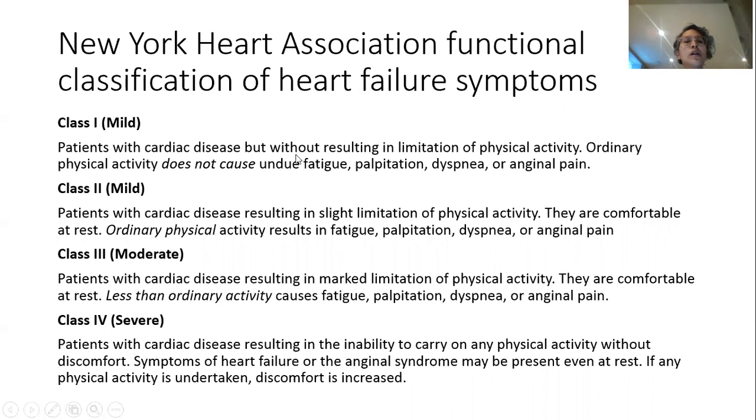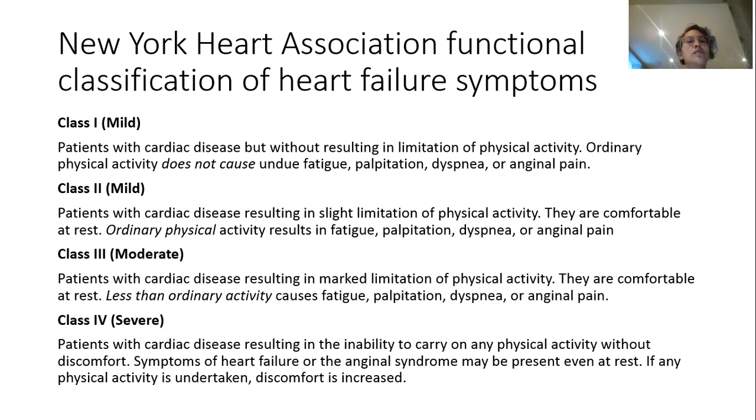So the New York Heart Association has a functional classification for heart failure symptoms. You can Google these, you can find them everywhere. I just want to briefly give you the classes: class 1, 2, 3, and 4. Class 1 is patients with cardiac disease but without resulting limitations of physical activity.